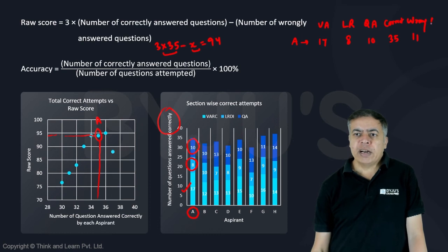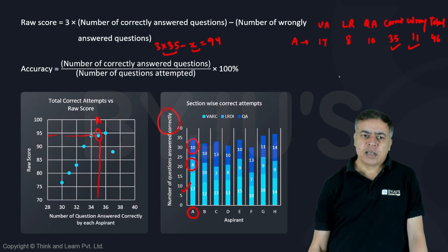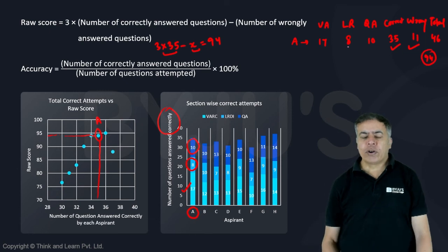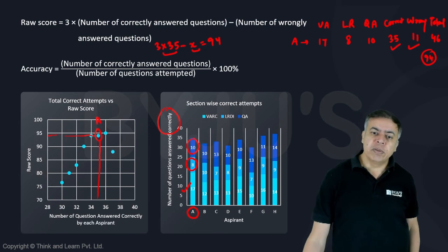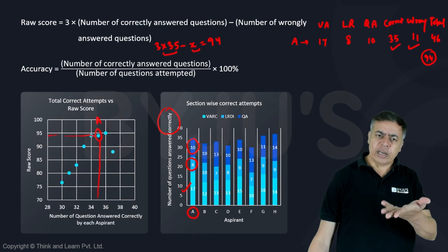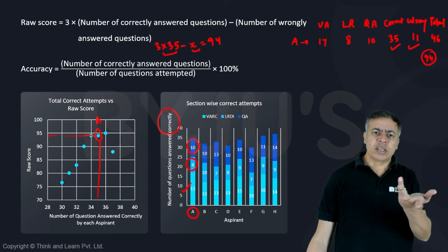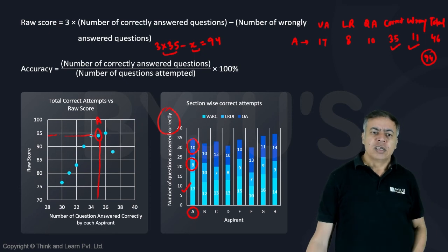So total attempt is 35 plus 11, 46, right, and the score is 94, which is given. So this is the data available for candidate A. Similarly, I can write down the data directly from what is given. Only thing is you need to calculate the wrong answers, right?